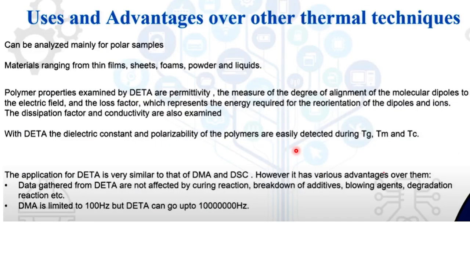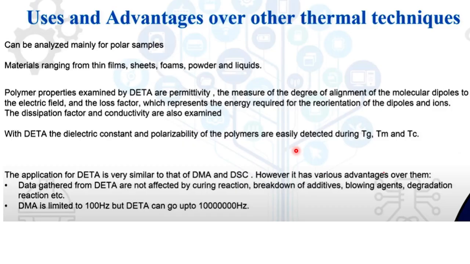So the advantage over the thermal technique: though we can also determine TG through DSC or DMA, the important part is you can analyze mainly polar sample material ranging from film, sheet, foams, and powder or liquids, whatever it is, you can go for the DEA analysis.